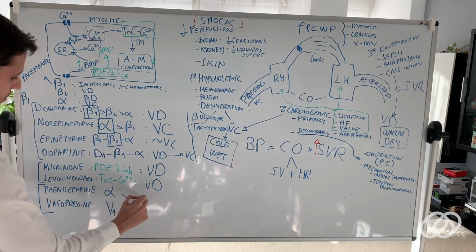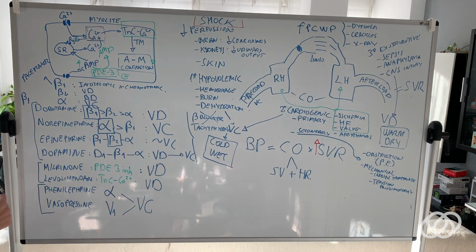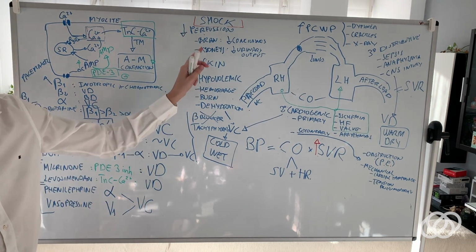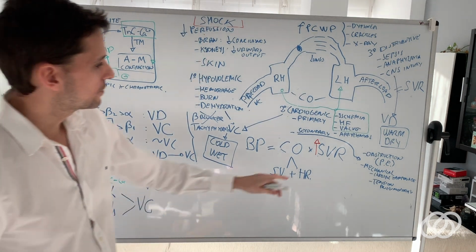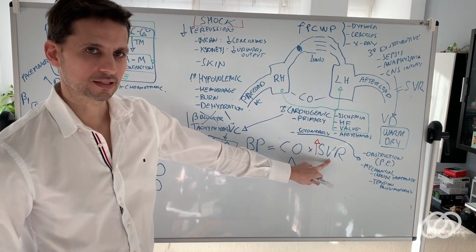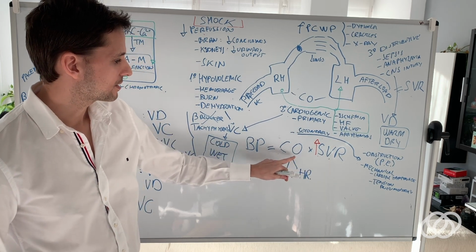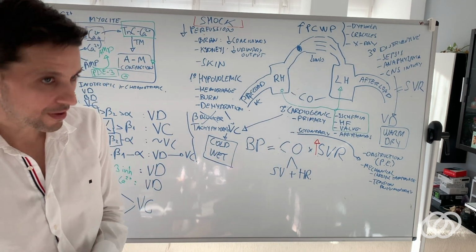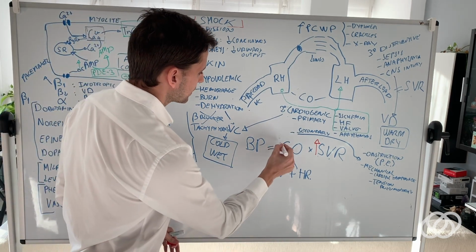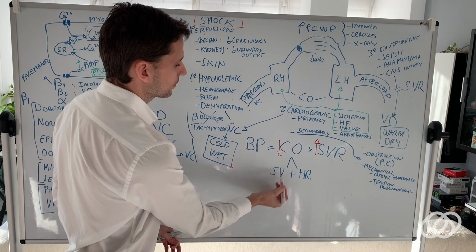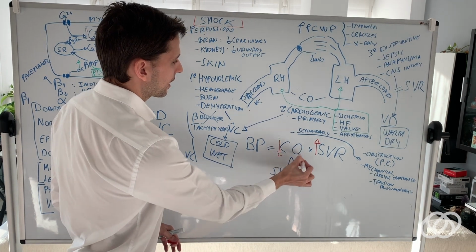Both of them produce huge vasoconstriction. We do not use them very often in the setting of shock, mainly because if we increase the systemic vascular resistance, the body compensates with a reflex, lowering both heart rate and stroke volume, and it decreases cardiac output.